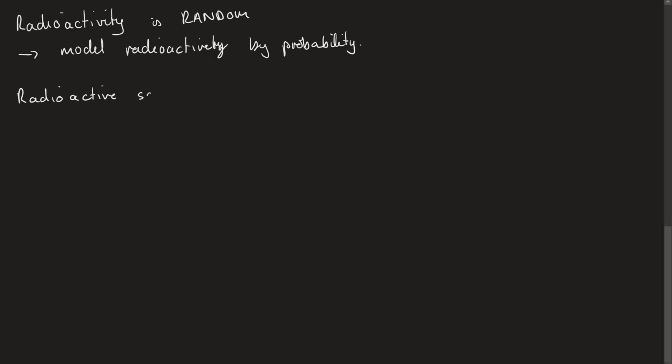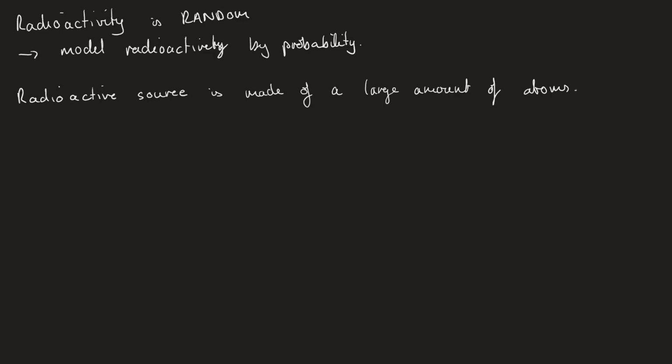So a radioactive source is made of a large amount of isotopes. Or actually, let me call them atoms. Yeah, so they could all be the same isotope, so the same ratio of protons to neutrons, but not necessarily the same atom, so you can have a bunch of them.